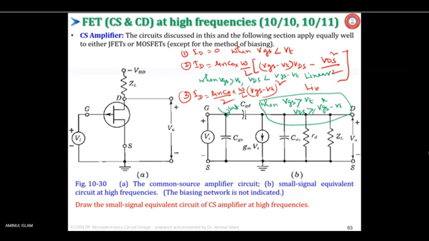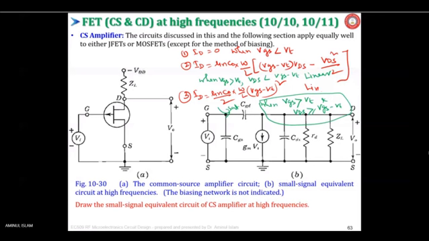MOSFET current equation, three equations can be written. ID equals 0 when VGS is less than VT. ID equals mu Cox W by L into VGS minus VT into VDS minus VDS square by 2 when VGS is greater than VT but VDS is less than VGS minus VT; this is the condition for linear region.